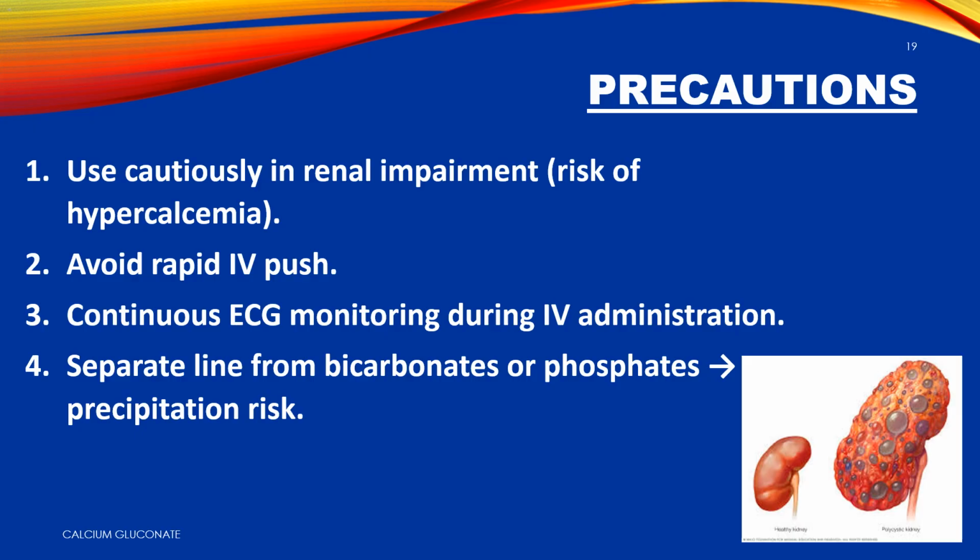Continuous ECG monitoring during IV administration. Continuous monitoring of the electrocardiogram (ECG) is recommended during IV administration to detect any potential cardiac complications. 4. Separate line from bicarbonates or phosphates, due to precipitation risk. Calcium gluconate should be administered through a separate line from solutions containing bicarbonates or phosphates, as mixing them can cause precipitation and compromise the effectiveness of the medication.